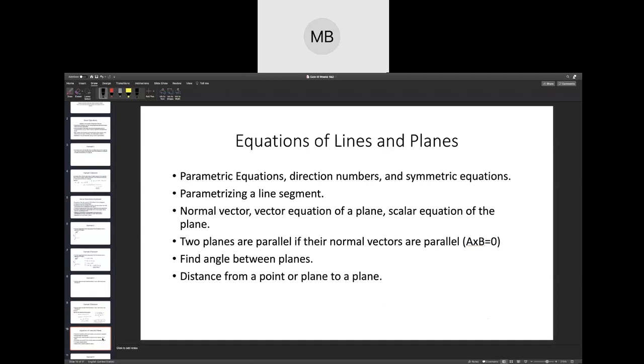Here's another topic, equations of lines and planes. So you could have parametric equations, direction numbers, which is basically the slope, more or less in a 3D form, and symmetric equations, which is just another way of writing parametric equations. You want to be able to parameterize a line segment.